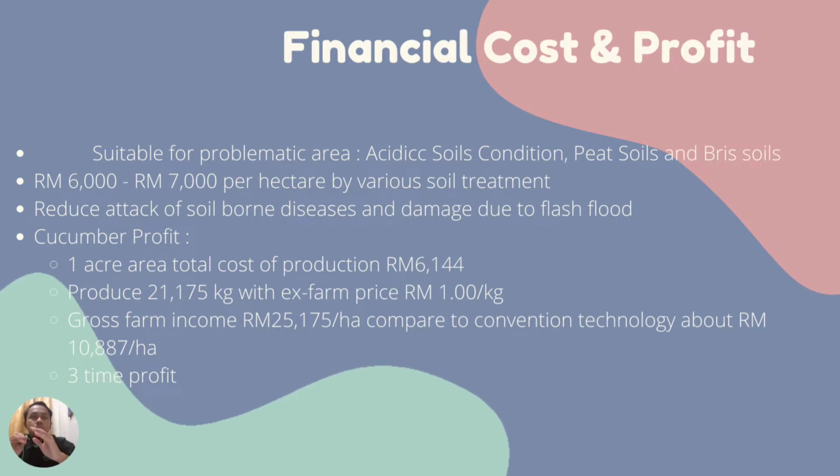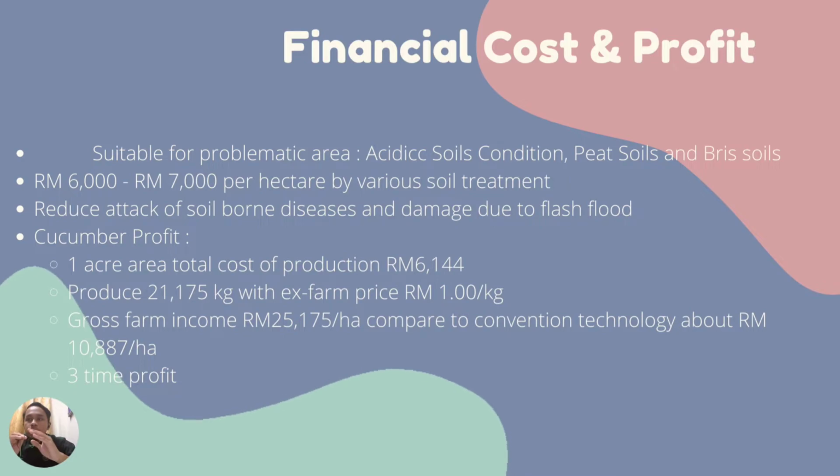So, for example, the profit of cucumber in 1 acre area, the total cost of production is about RM6,144 and produces 21,175 kilogram of fresh cucumber with ex-farm price at RM1 per kilogram.